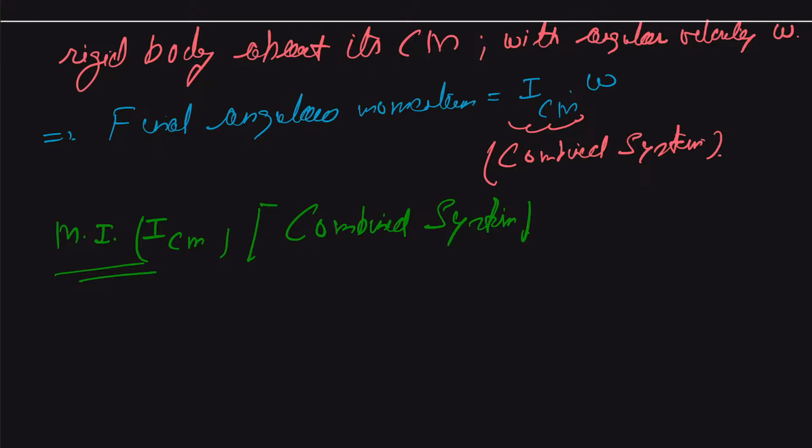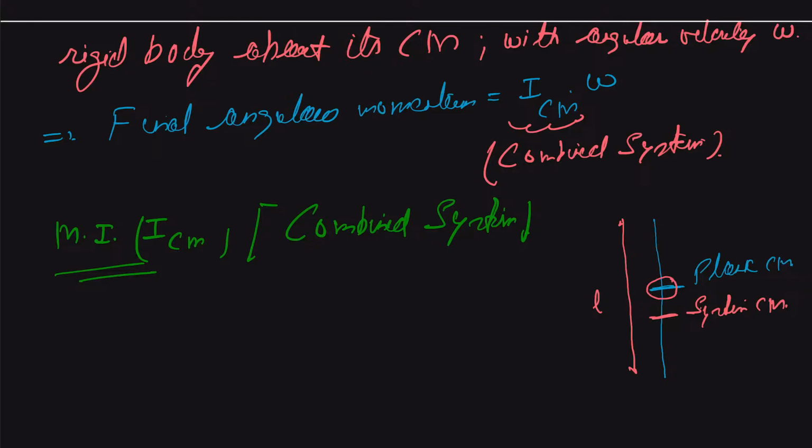For that we can once again draw the figure. This is the center of mass of the Planck, and this is our system center of mass. Because the length of the Planck is given as L, we already know the Planck's moment of inertia about its own center of mass.